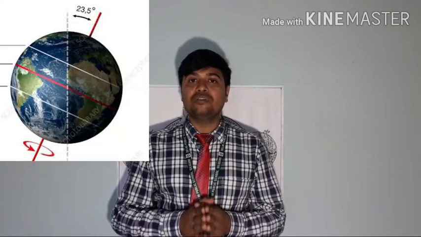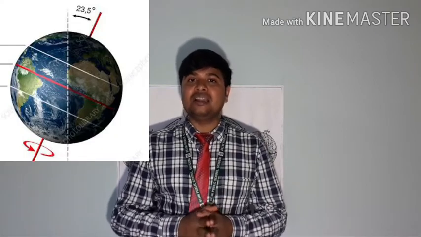And you know also that when the earth revolves, along with that it rotates also on its axis, and the axis is tilted at an angle of 23 and a half degrees. So because of the revolution and tilted axis of planet earth, we have different seasons throughout the year.